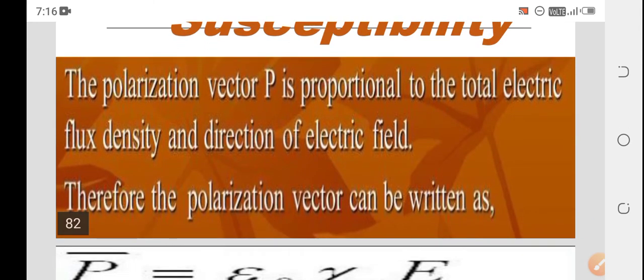Dielectric susceptibility. The polarization vector P is proportional to the electric flux density and in the direction of the electric field.